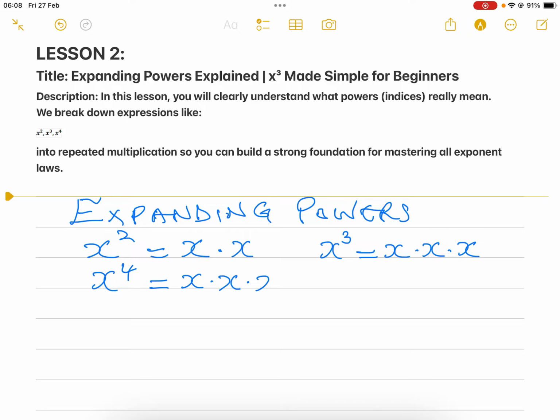When we have x raised to power 4, this means x times x times x times x. Expansion means writing out the repeated multiplication fully. So whenever you hear expansion or expanding of powers, we are writing out the repeated multiplication fully.